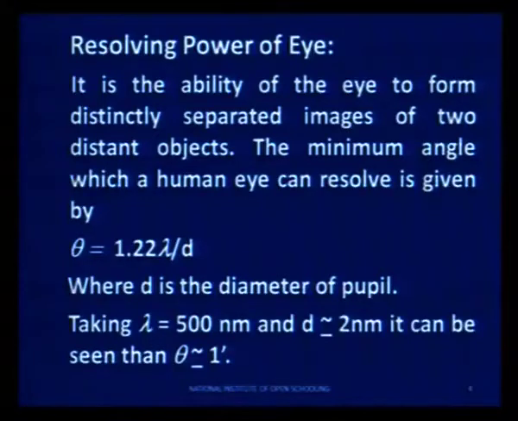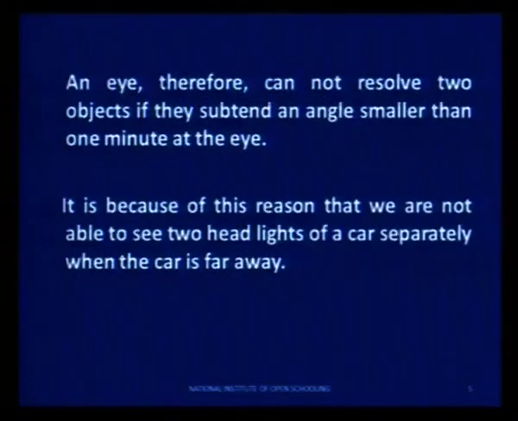If we take the wavelength of light as 500 nanometer and d about 2 millimeter, then theta comes out to be approximately 1 minute. So, the resolving power of the eye is about 1 minute, and the eye therefore cannot resolve two objects if they subtend an angle smaller than 1 minute at the eye. It is because of this reason that we are not able to see the two headlights of a car separately when the car is far away.